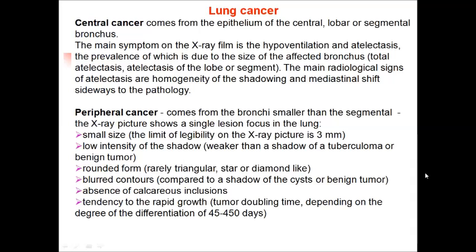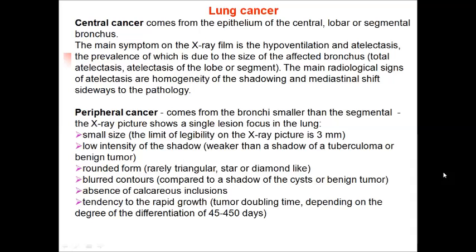The limit of visibility on an X-ray picture is 3 millimeters, on a computed tomography scan about 1 millimeter. Another feature is low intensity of the shadow, weaker than a shadow of tuberculoma or benign tumor.